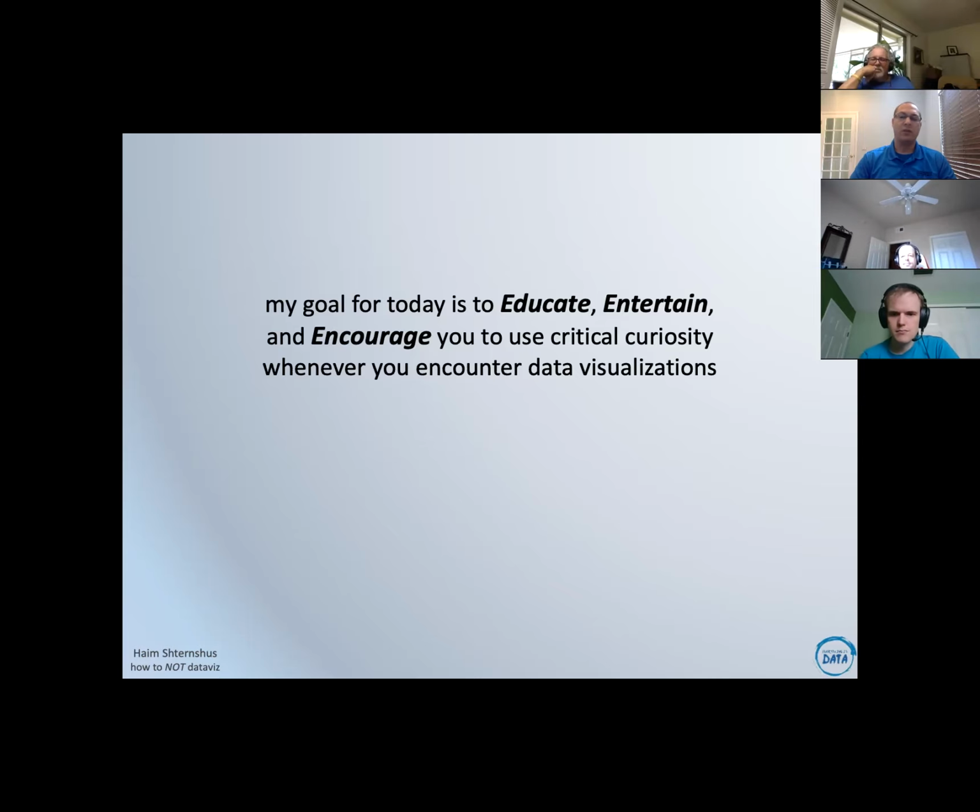But unfortunately, we don't hear the same thing for graphs and charts and statistics, right? If something is backed up by statistical research, a lot of people are very comfortable assuming that everything they see is right. So today we're going to cover a few examples that tell a different story.